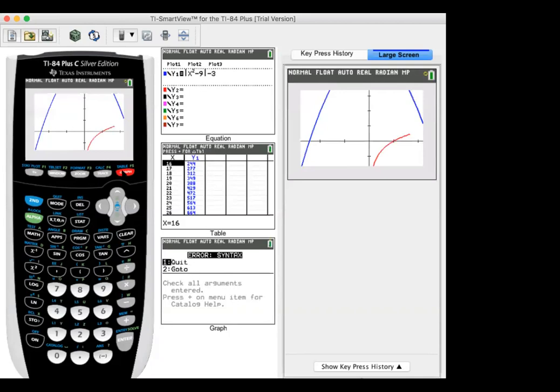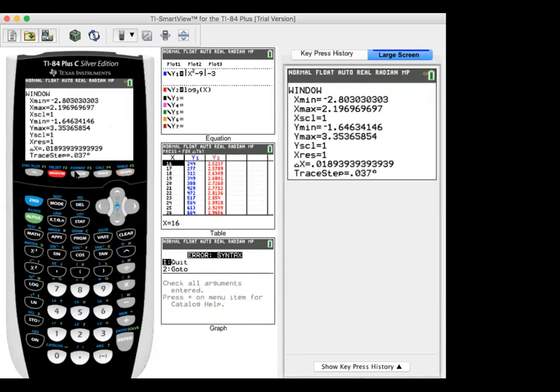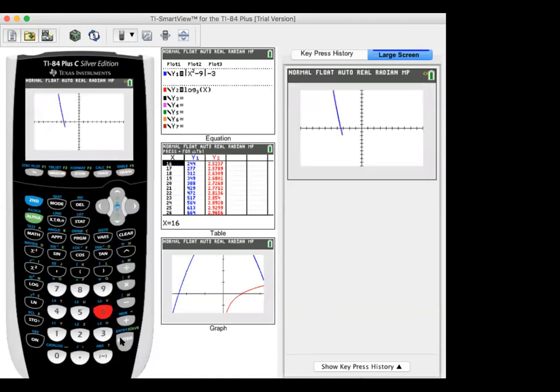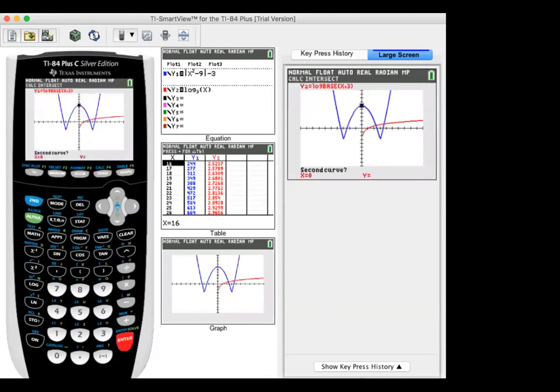Looks like we need to view a little more on the right. That's a cool graph. So we need two answers. Second trace 5. Enter, enter.